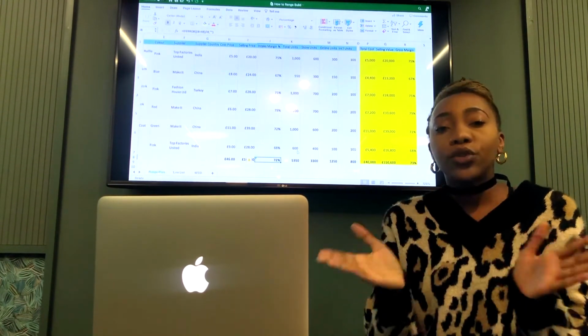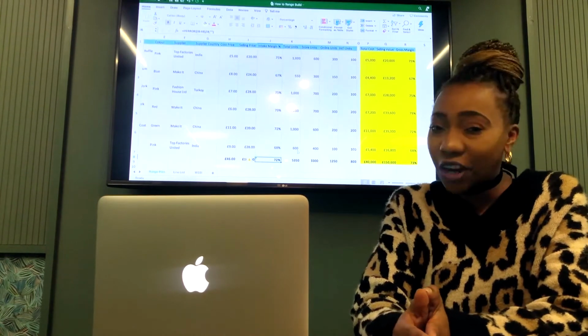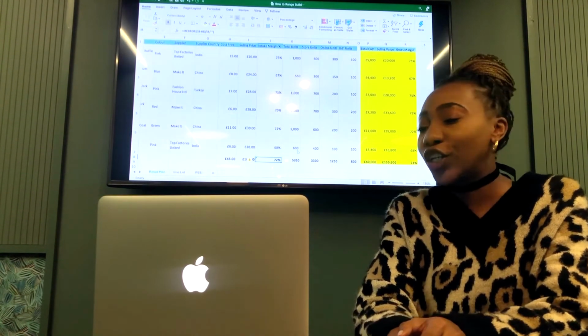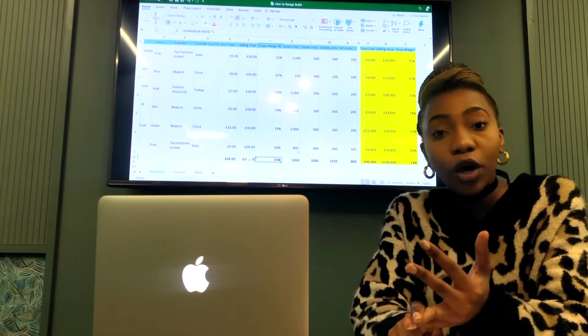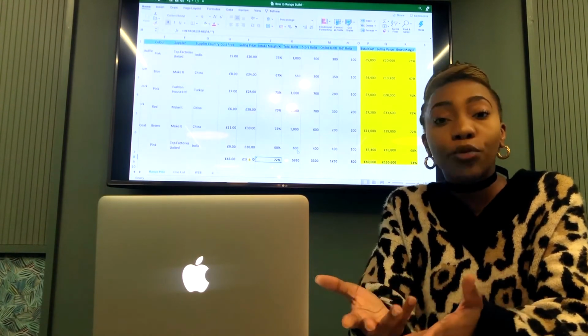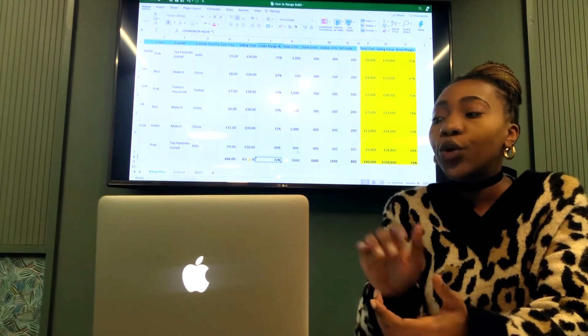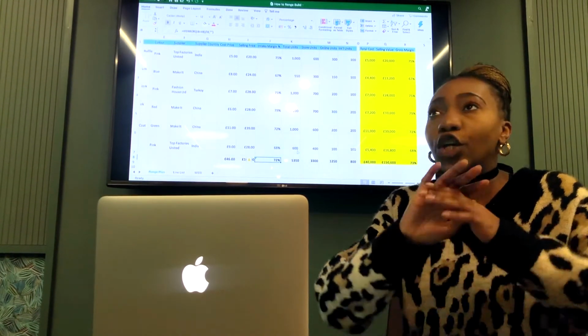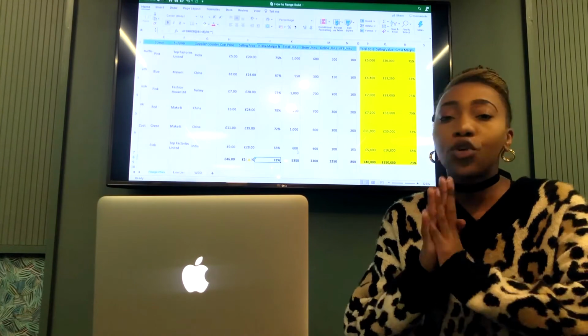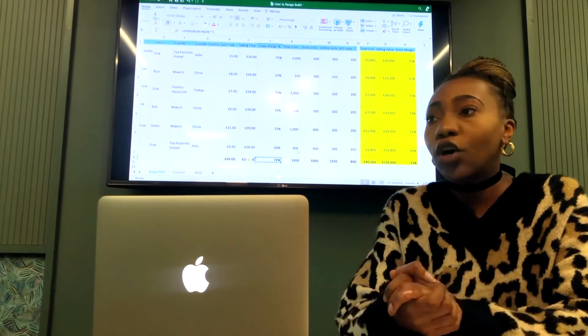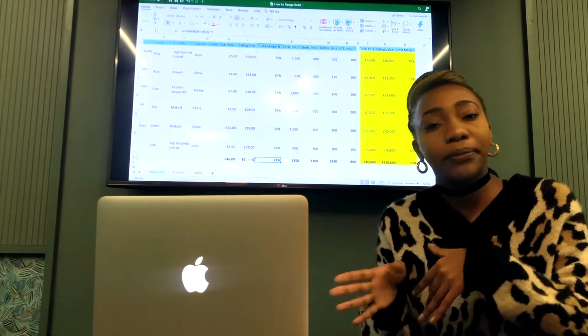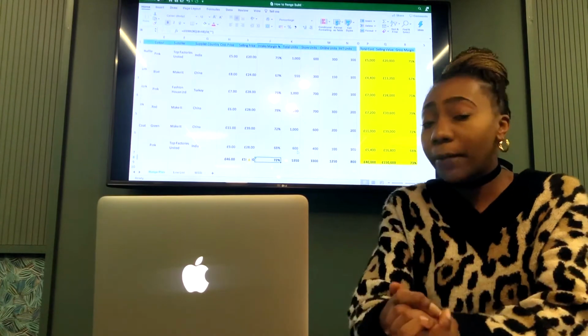What I will discuss another time is your different kinds of margins, because there's intake margin, there's gross margin, but there's also profits, gross profit and net profit. Your gross profit really is your overall profit. You've not considered how much it's going to cost to package things, pay people, all of those little things that come into play.